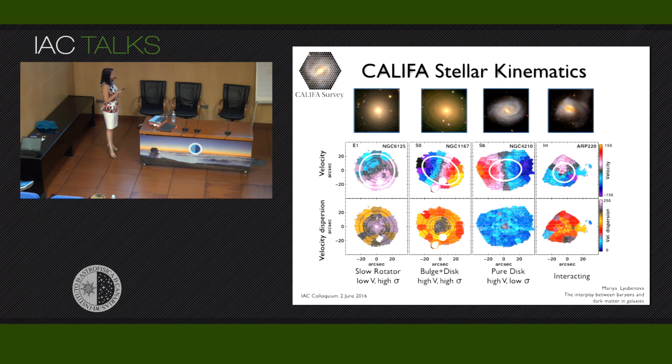Moving to lenticular galaxies, which have a pronounced disk with a lot of rotation but still a significant bulge, also exhibiting high velocity dispersion values, then moving to pure disk systems with very little sigma. We also have quite a lot of interacting galaxies, and Jorge Barrera Ballesteros, former PhD student of this institute, made really interesting studies of the stellar and ionized gas kinematics of interacting galaxies.